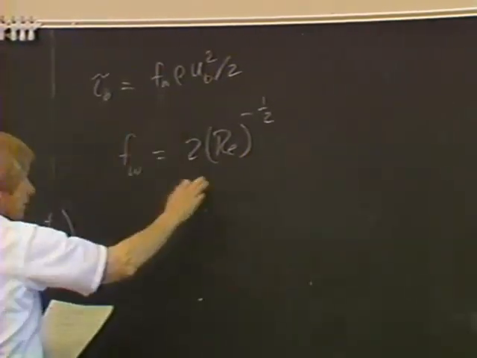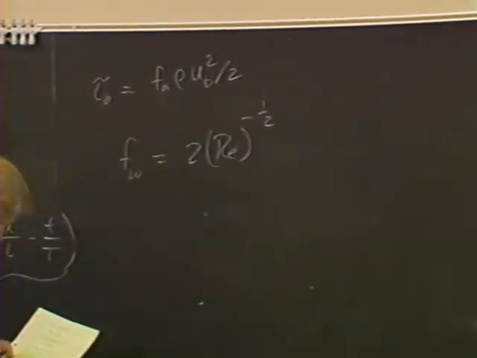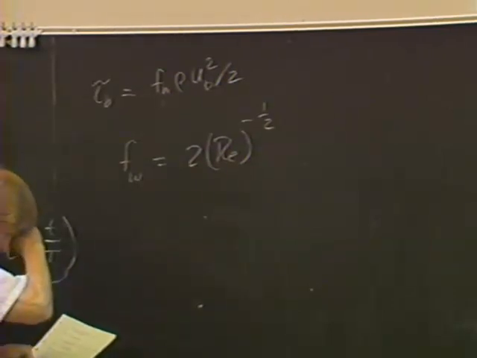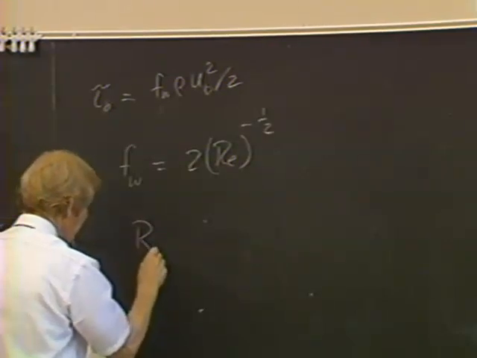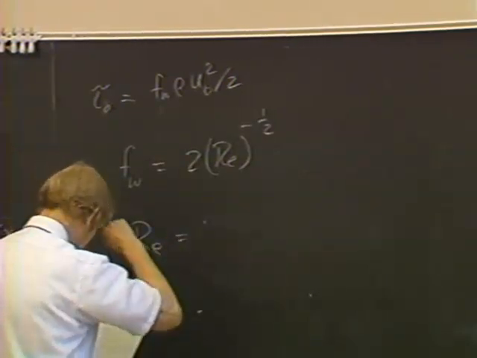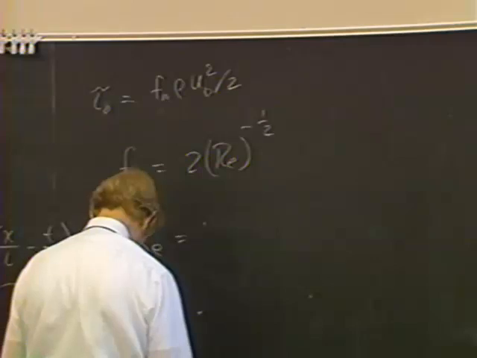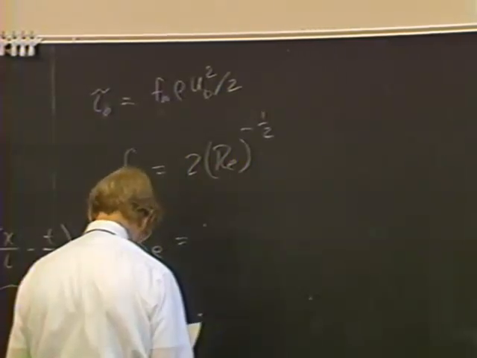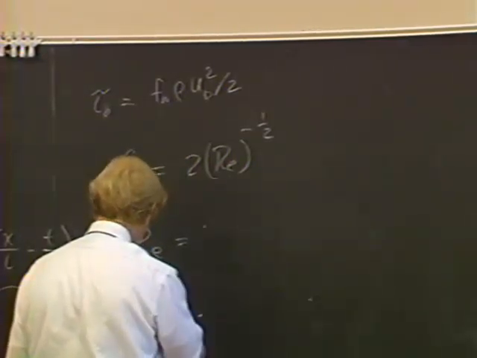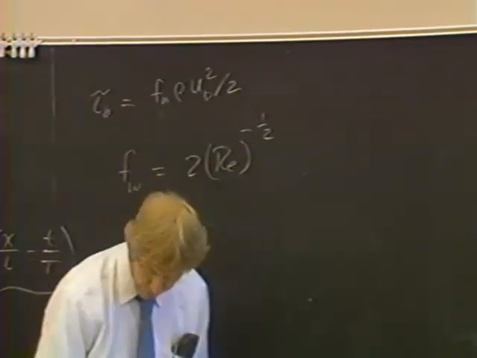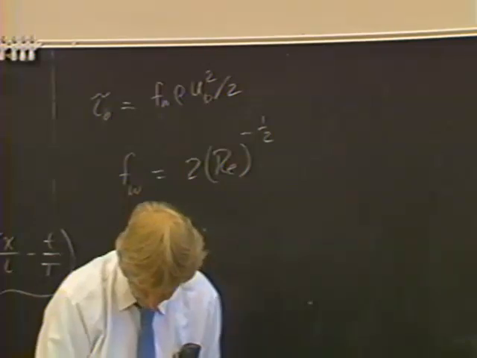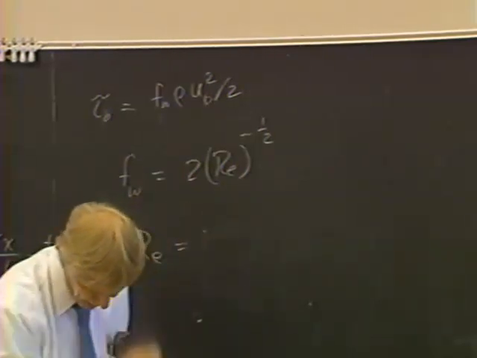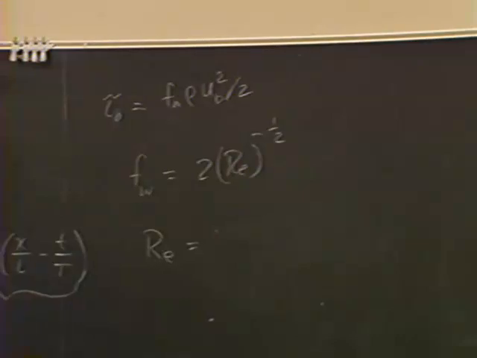This is dimensionless, and of course that's dimensionless. And our appropriate Reynolds number is the maximum velocity times the excursion.